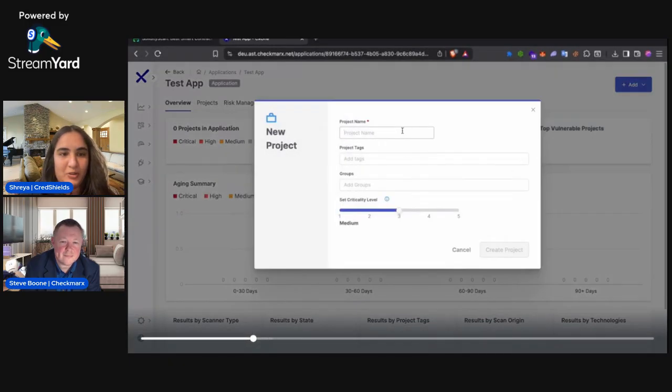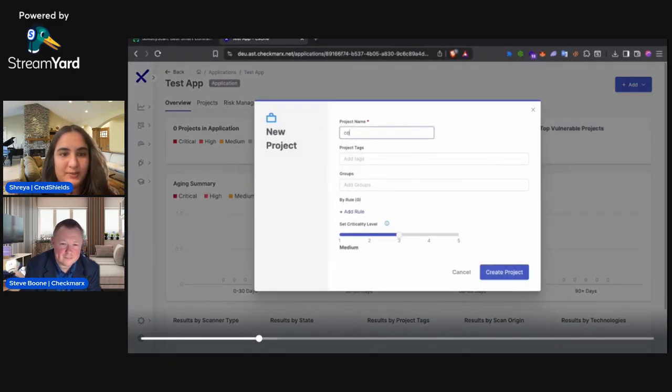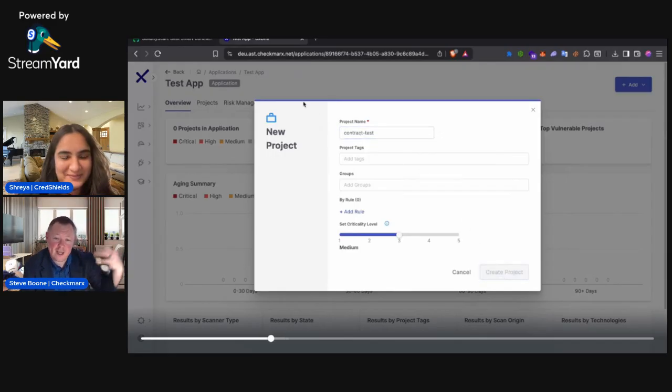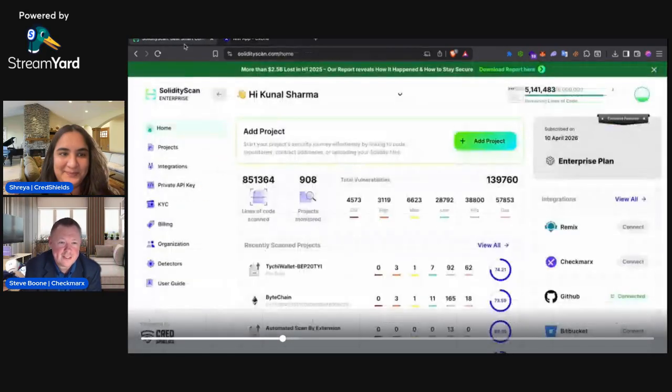You create a project here, you name it test. And this is great too because you can have multiple projects associated under that application. So if you've got multiple components, this is a great way to stack them.